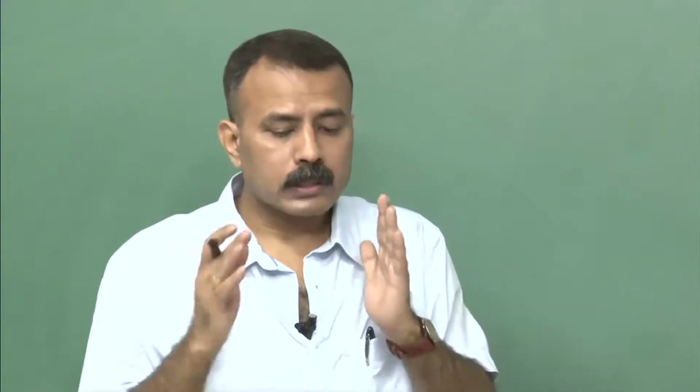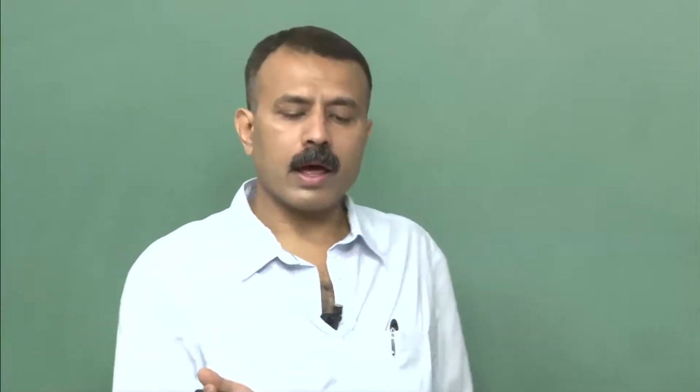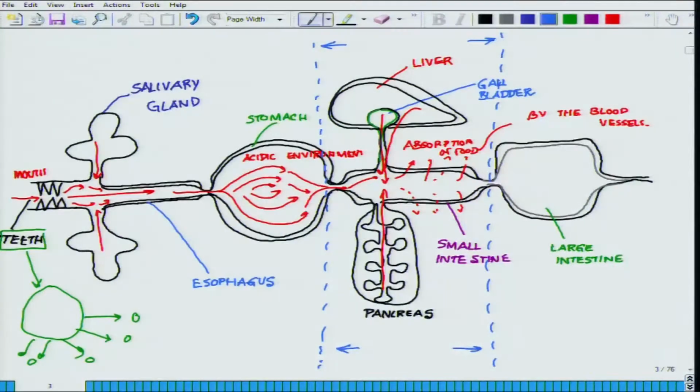Okay. So, this is a very, very critical zone of the whole GI tract, and after whatever absorption takes place in the small intestine, the rest of the food which is not absorbed moves to the large intestine. The large intestine is another zone, fairly huge, and it is not that this whole zone is very functional.